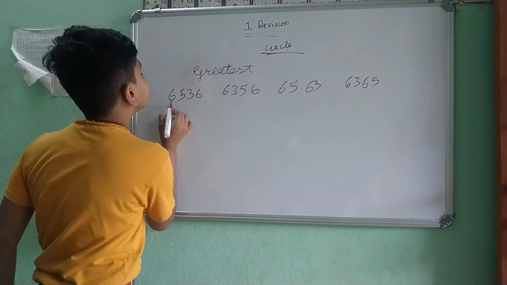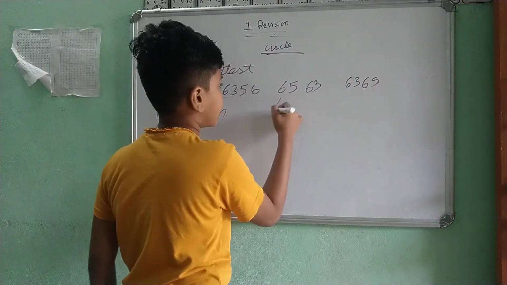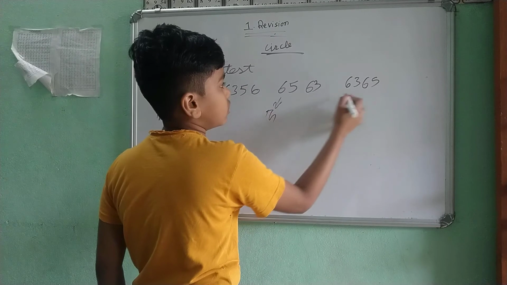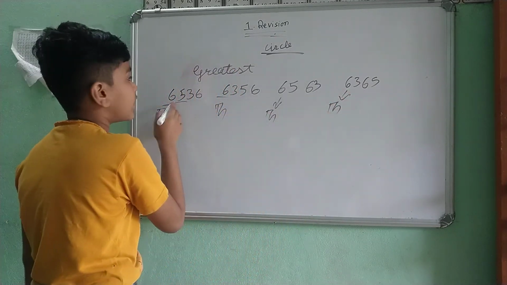So see, 6 is in the thousands place. This is the correct number.